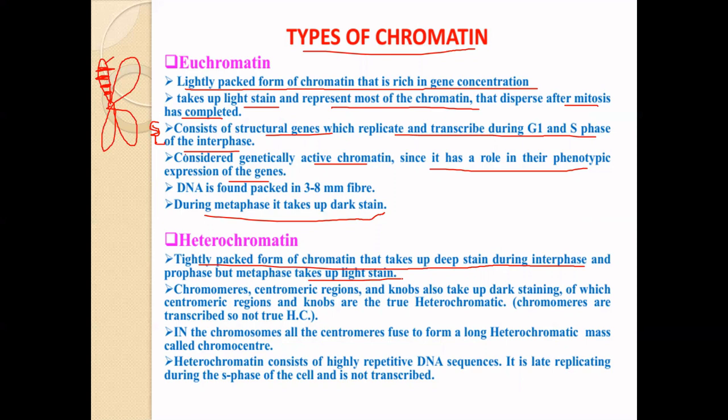Euchromatin is much more involved during the G1, S, and G2 phases, that means in the interphase. So if we stain euchromatin in interphase, it will take a light stain, and if we stain it during metaphase, it will take a dark stain.